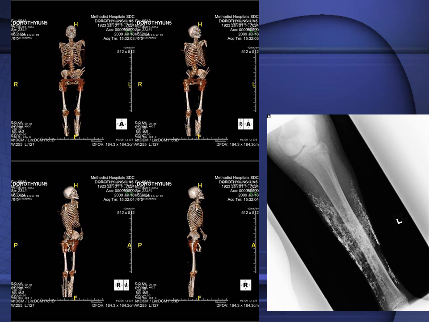This is a reconstruction done from a CT scan using a software program known as TeraRecon, and we can get very detailed images reformatted in different views of the bony structure, or really of anything that we want. And the program allows us to subtract that which we don't want to view.